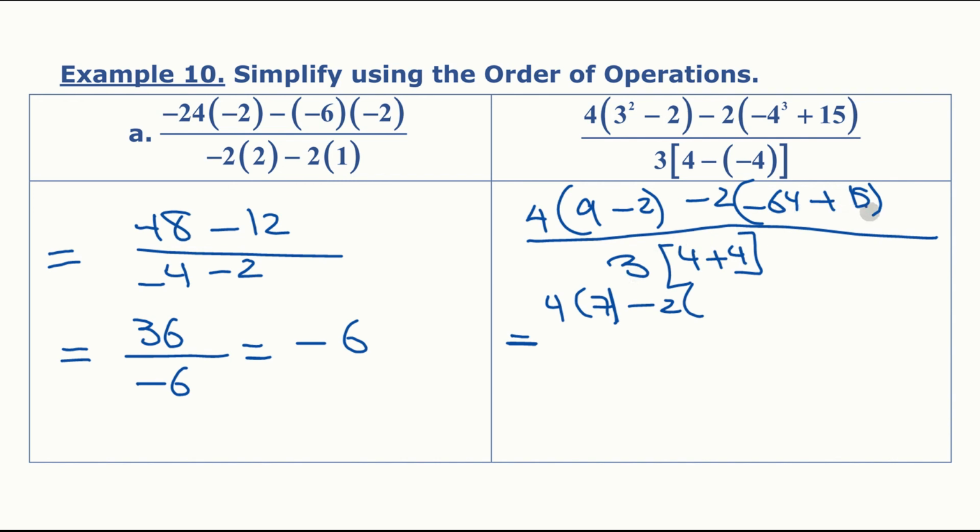Negative 64 plus 15, we know that the operation is subtraction, and we are going to get a negative result because the number with the larger absolute value is negative. So negative, and I believe that's 49 over 3 times 8.